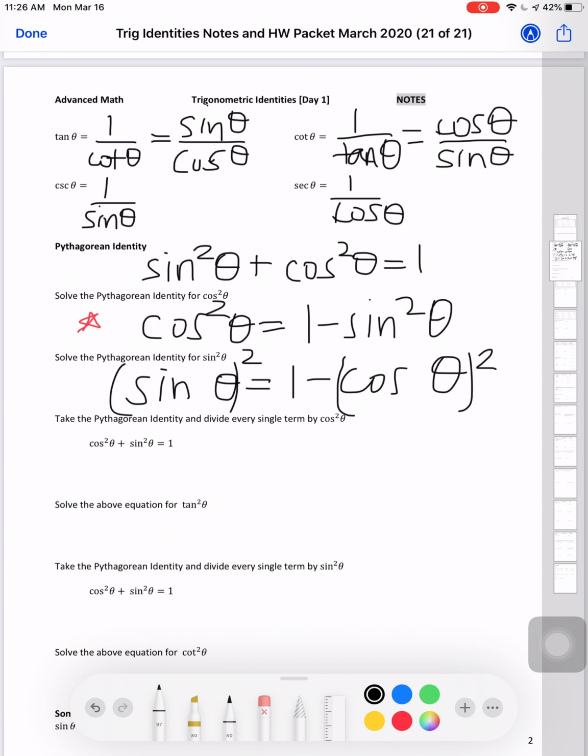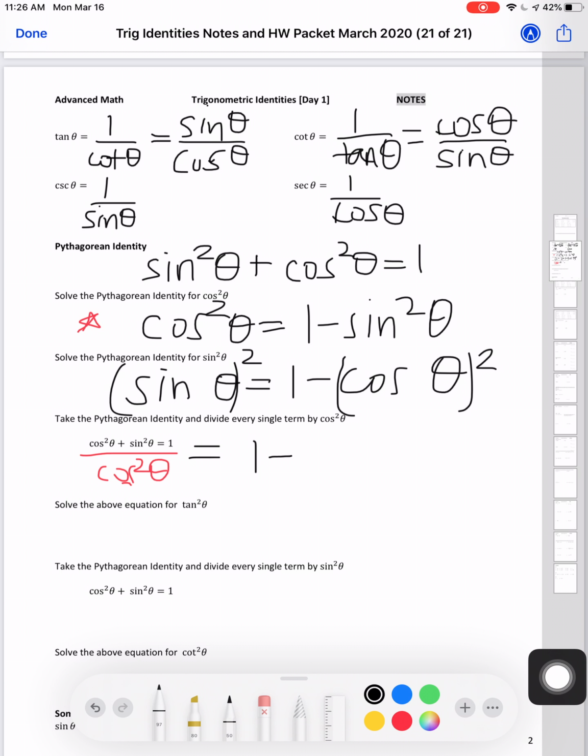So for our next piece, we're looking at the Pythagorean identity, and if we divide everything by the cosine of theta, what happens there? So if I take everything here and divide it by cosine squared, then the results will be that for the first part I get 1 because cosine squared divided by cosine squared is 1.